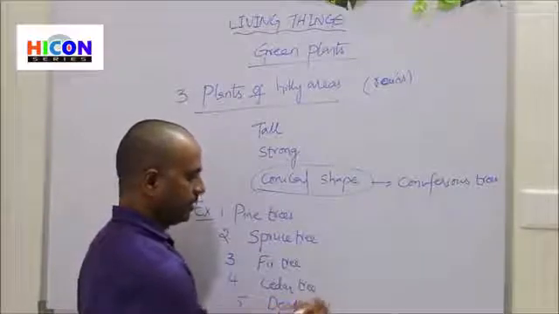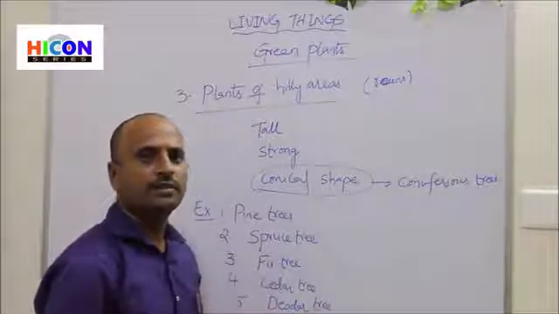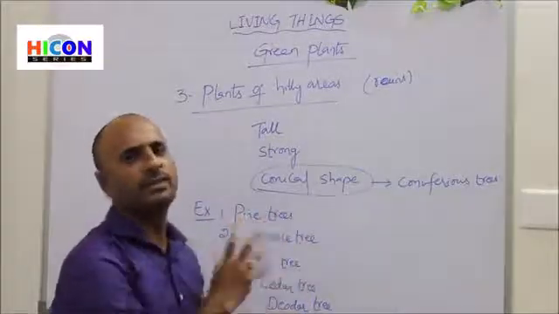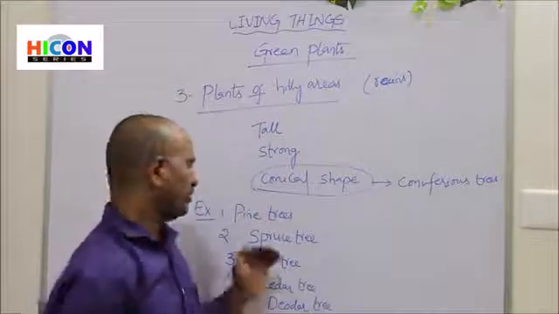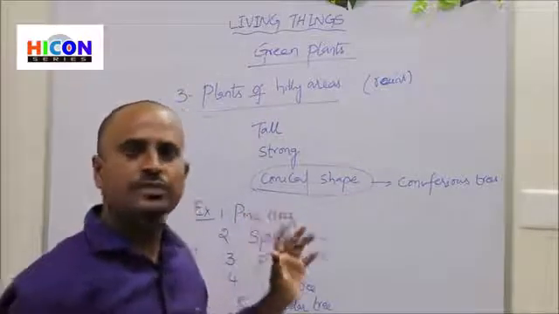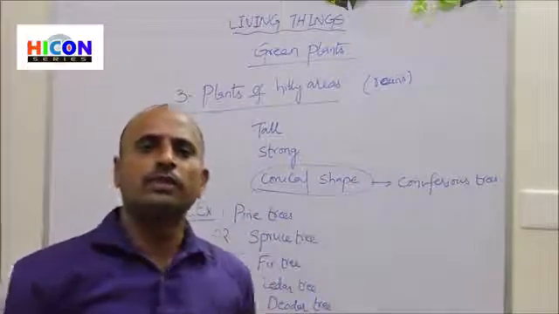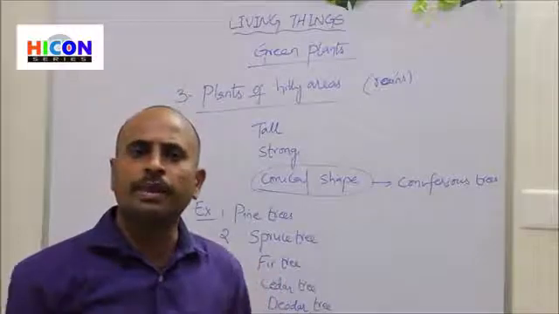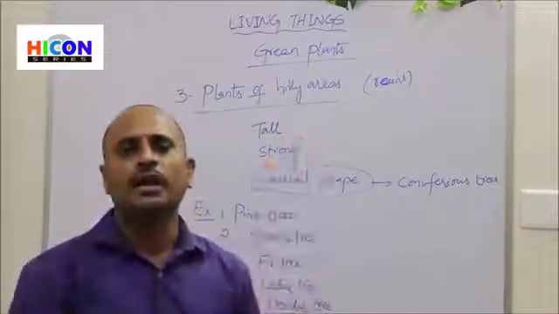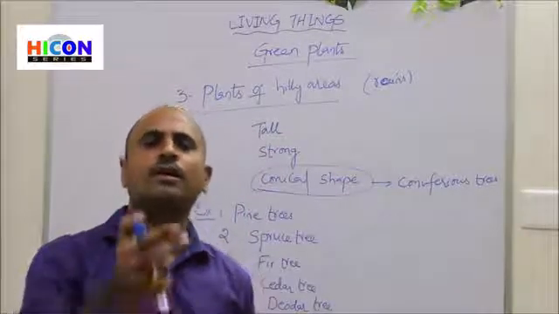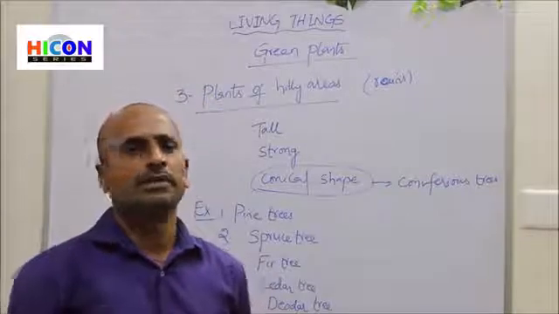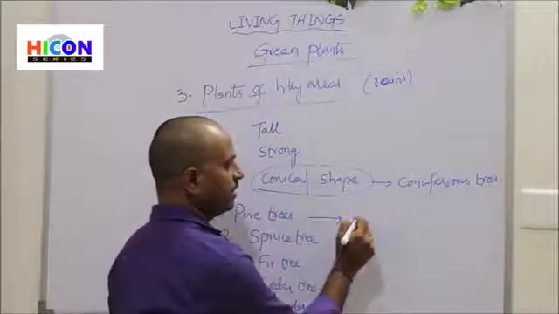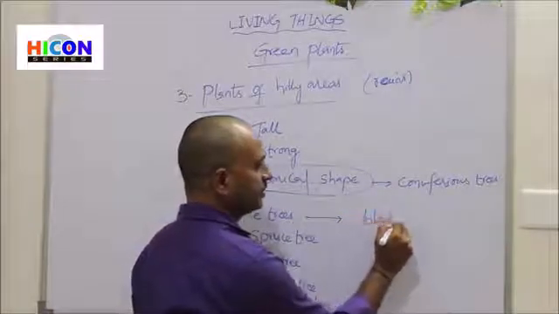If you observe the pictures of these plants, all these plants are in conical shape and very tall and strong. And the leaves of these plants are in blade-like shape.